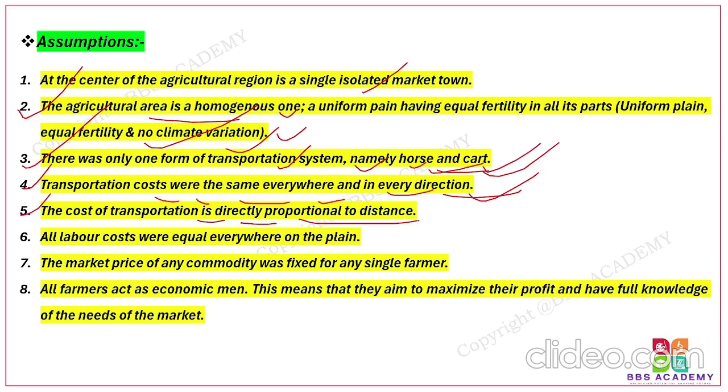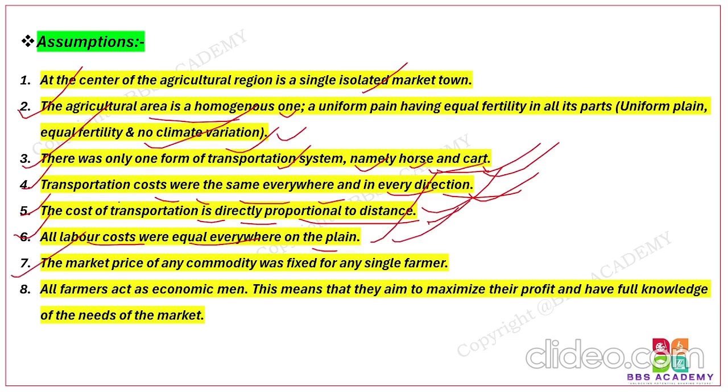It means when you go a shorter distance, there is a lower cost. If we go a larger or very long distance, then the transport cost will increase proportionally. The sixth assumption was that all labor costs were equal everywhere on the plane. The labor cost all over the region is equal.